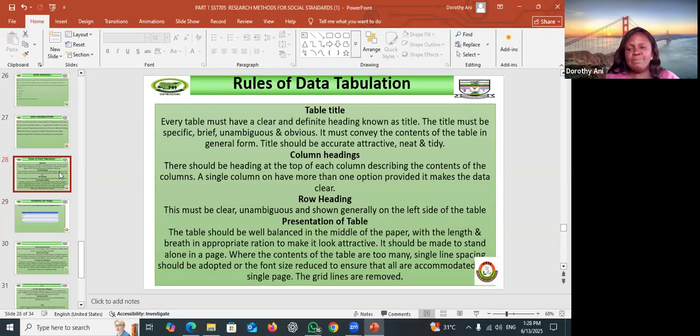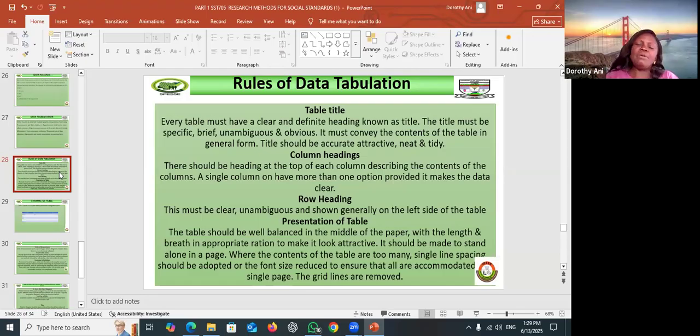It's not correct. You can use single line spacing in one page if it's possible. Sometimes you can do it in landscape. If it cannot fit in portrait form, you can do the table in landscape just to ensure that it appears in one table. But where you do all these things and it still spills over to another page, it is not a crime.